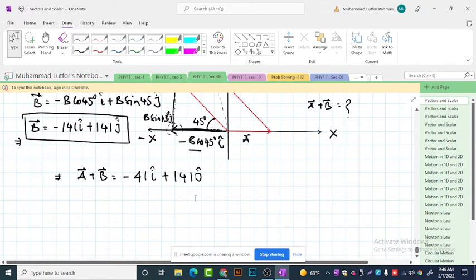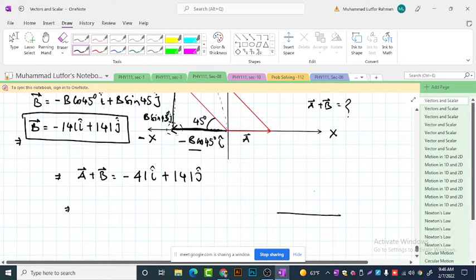Now I can write down the magnitude. Definitely that resultant vector must be in the second quadrant, because the x component is negative and the y component is positive. The resultant must lie in between, but it will be closest to the y axis, because the y component has a greater magnitude.